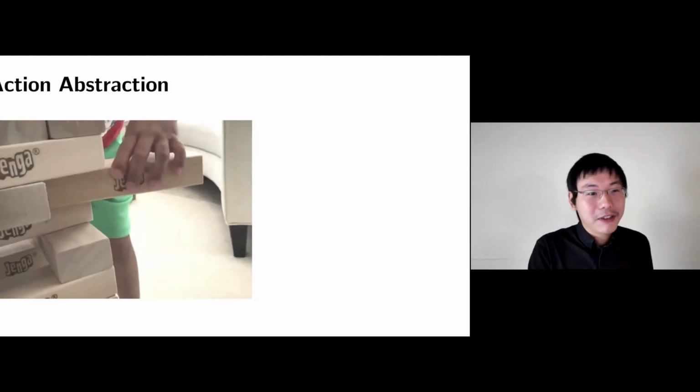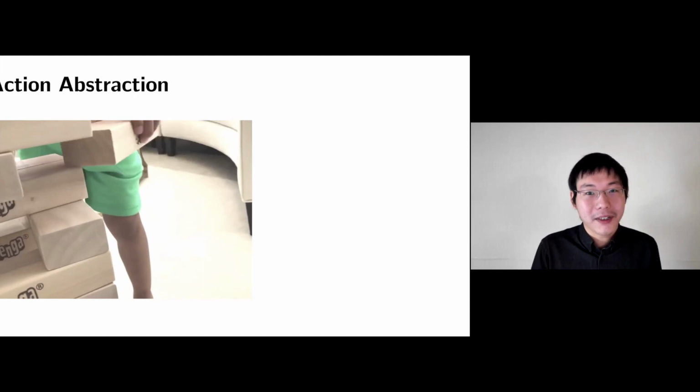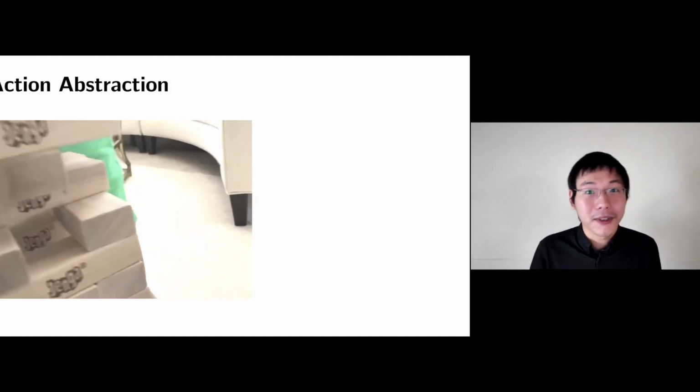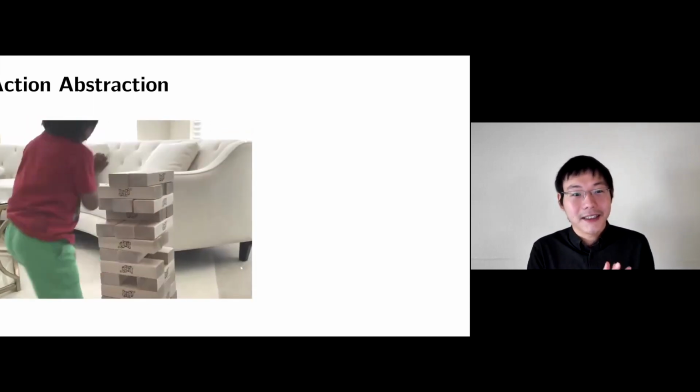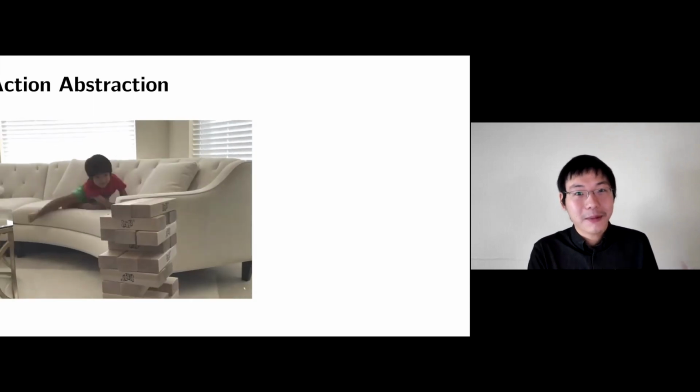And then he tries to find blocks that are actually movable and tries to push them out. So you can clearly see he has a notion of not only the abstractions on shapes, like there are blocks, there are cuboids, but also the abstractions on actions, right? Some blocks he just pushes, but some blocks he tries to pull. So having a notion of different types of actions should really help you in manipulating the objects in playing the game.